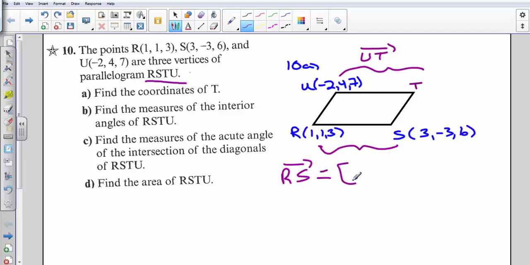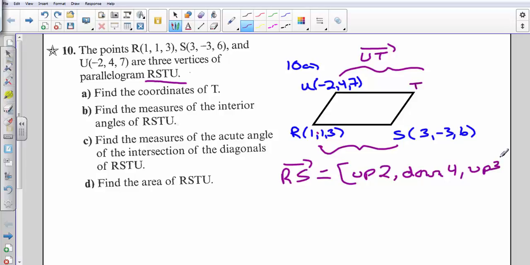So if we look at RS, we're suggesting that our x value is increasing from 1 to 3. So basically the x value is going up 2, the y value is decreasing from 1 to negative 3, it's going down 4, and the z value is increasing from 3 to 6.